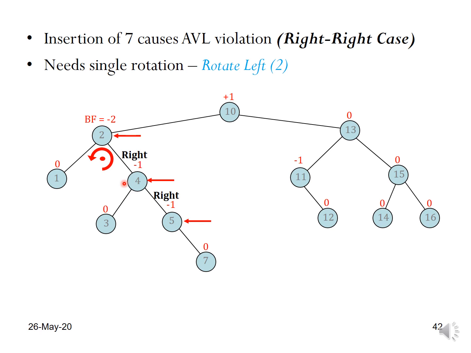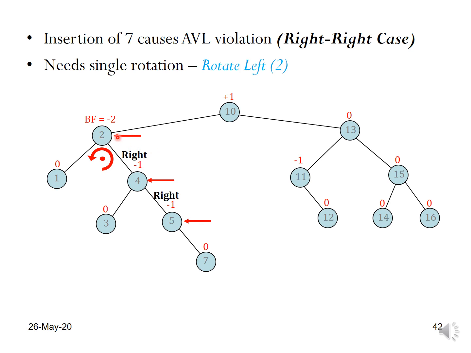The balance factor of 4 will be 1 minus 2, which is minus 1, and the balance factor of 2 will be 1 minus 3, which is minus 2, because the height of the left subtree is 1 and the height of the right subtree is 3. The balance factor of 10 will be plus 1 because this is 4 minus 3. The balance factor of 11 is 0 minus 1, which is minus 1, this is 1 minus 1, 0, and this is 2 minus 2, also 0.